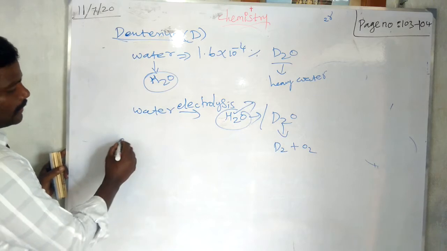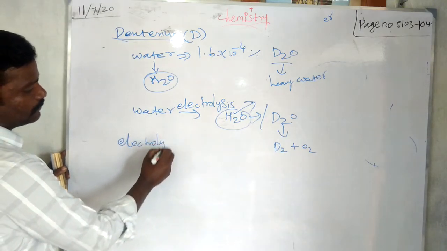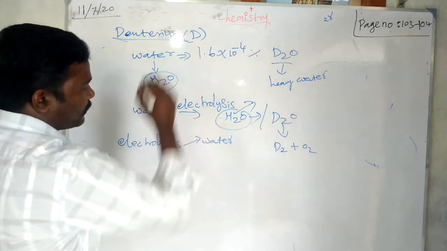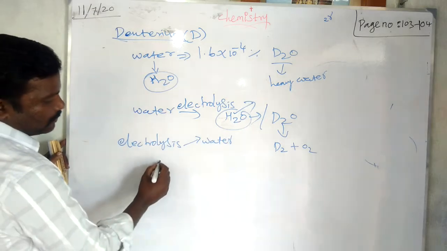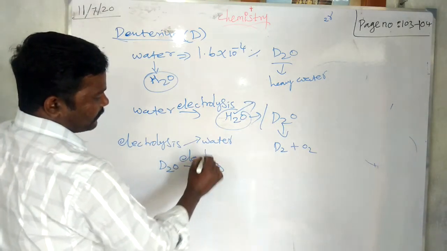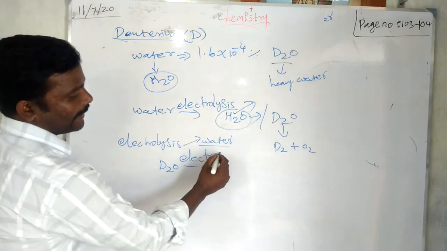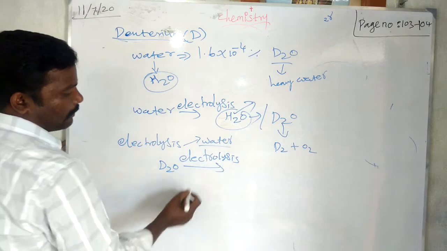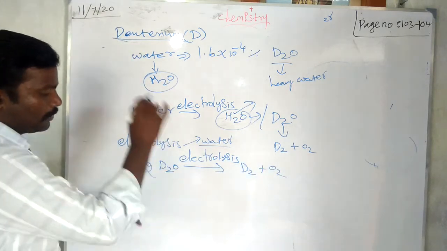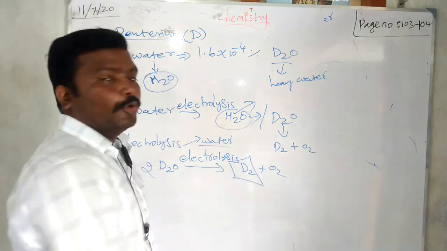So electrolysis of water. Then D2O on electrolysis. First water electrolysis, remaining D2O electrolysis. So what will happen? D2 will form and then oxygen. You want to take 2 moles, right? Now we have prepared the deuterium.